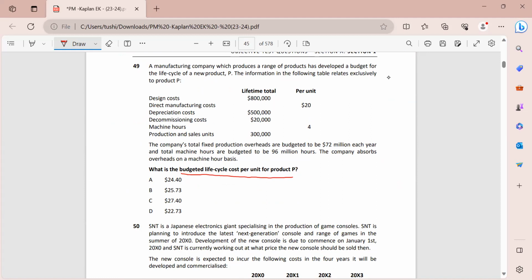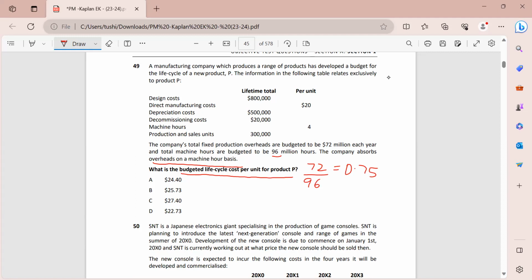It is said that the total fixed production overheads are budgeted to be 72 million each year, and the total machine hours are budgeted to be 96 million hours. The company absorbs overheads on a machine hour basis. So first of all, let's find out our overhead absorption rate. This will be nothing but 72 million divided by 96. That gives me $0.75 per hour as my absorption rate.